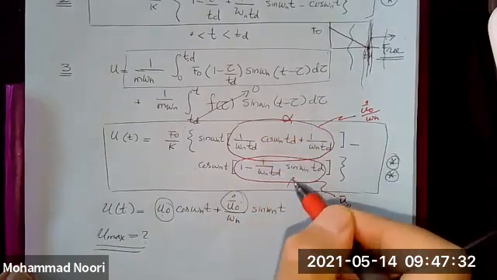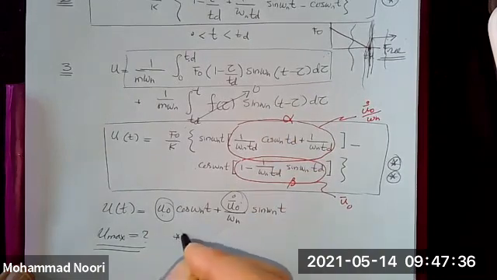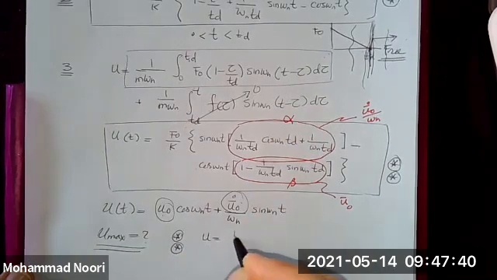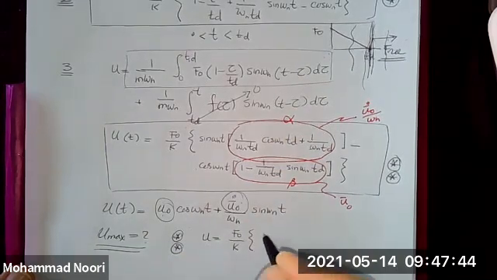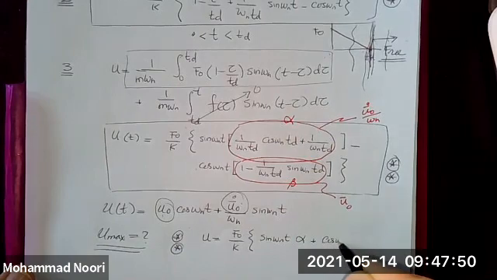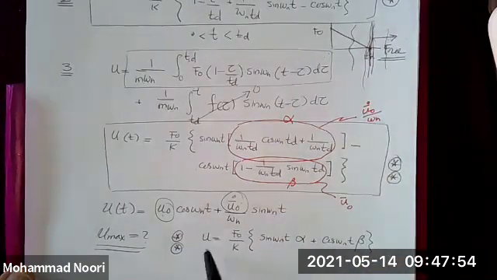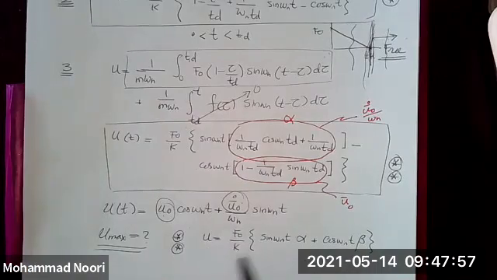You remember, if this is alpha, this is beta. So for this case, you have u is equal to F naught over k times sine omega nt alpha plus cosine omega nt beta, right? So how do I find the maximum value of this function?